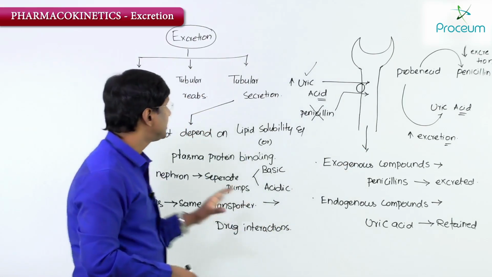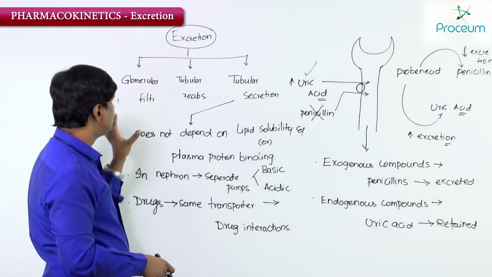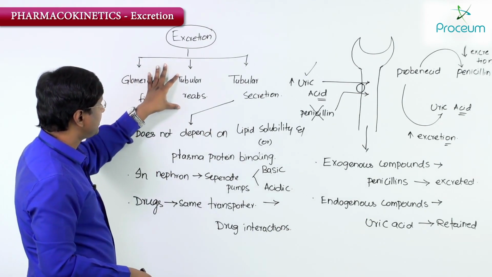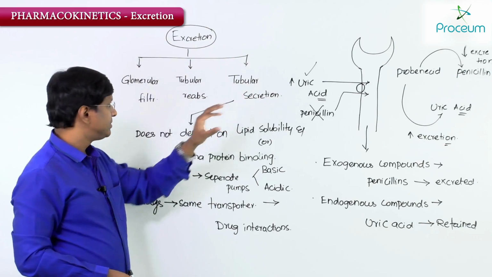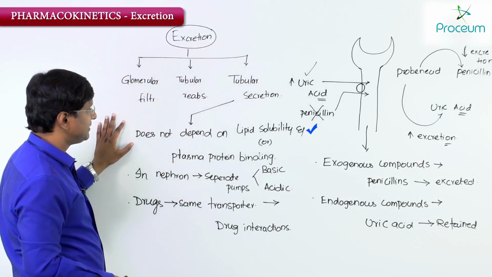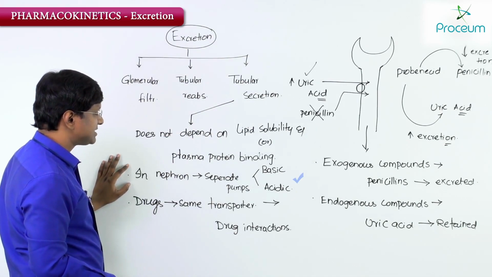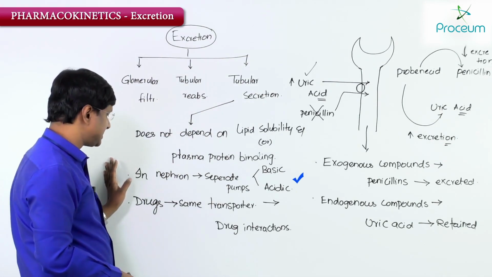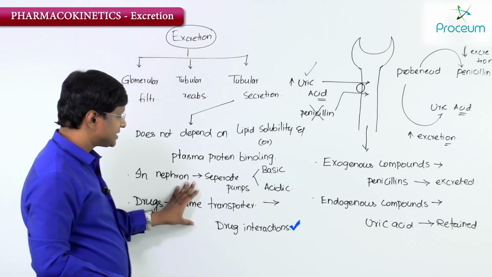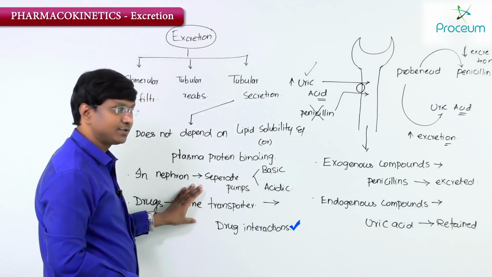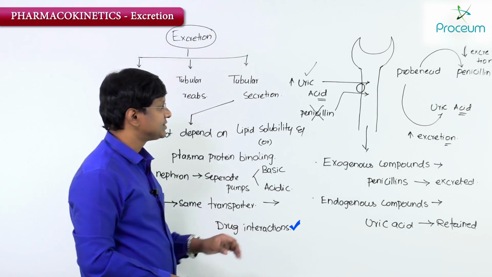So this is about the excretion. We have discussed glomerular filtration, tubular reabsorption and tubular secretion. Tubular secretion does not depend upon the lipid solubility or the plasma protein binding capacity. In the nephrons, there are separate pumps for the basic drugs as well as the acidic drugs, and drugs using the same transporters have drug interactions.